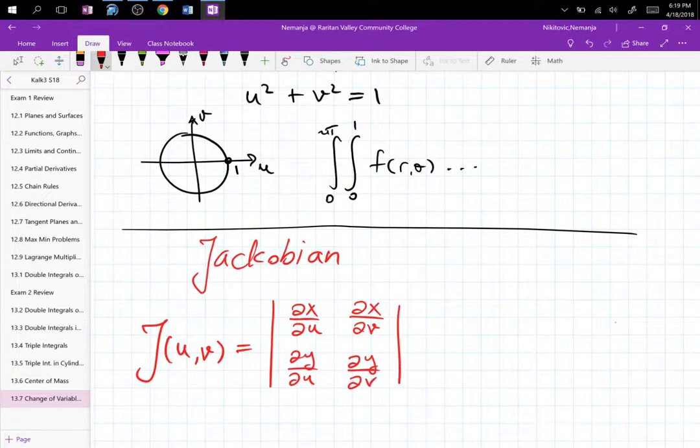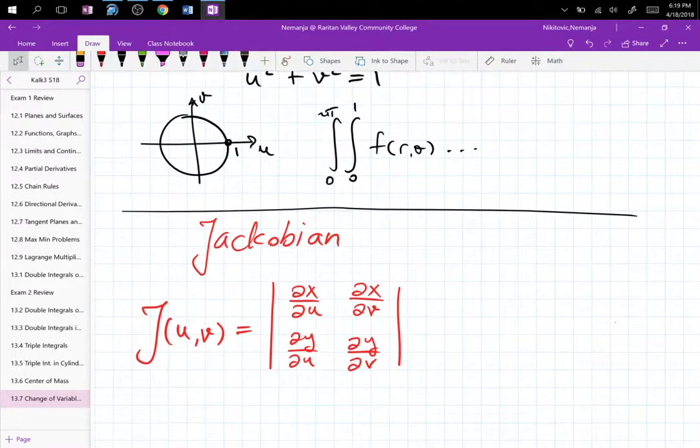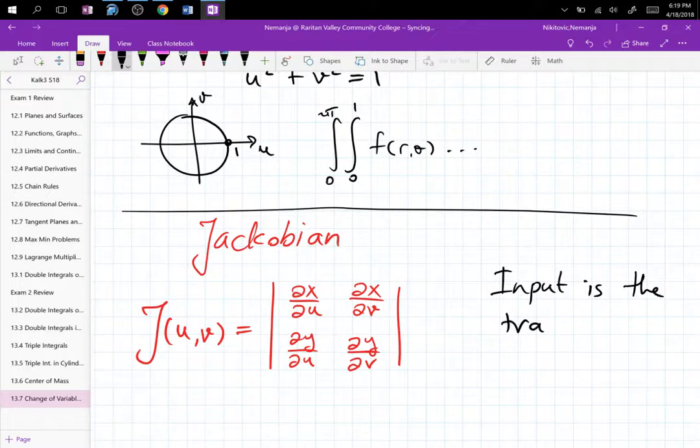These are all partial. So you get to compute the Jacobian. Now, where are you computing the Jacobian from? Well, from your transformation. So the input is the transformation.